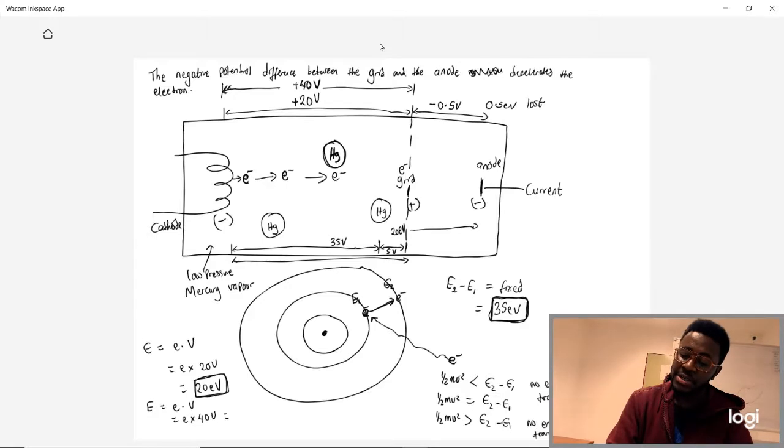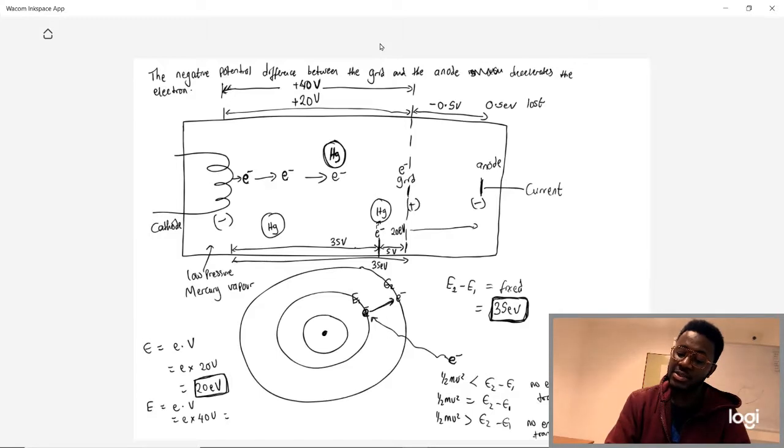At the edge of the 35-volt region, the electron is going to have exactly 35 electron volts, exactly the energy needed to excite the mercury atom. So at this point, the electron is going to give all of its energy to the mercury atom, and its kinetic energy is going to reduce to zero.